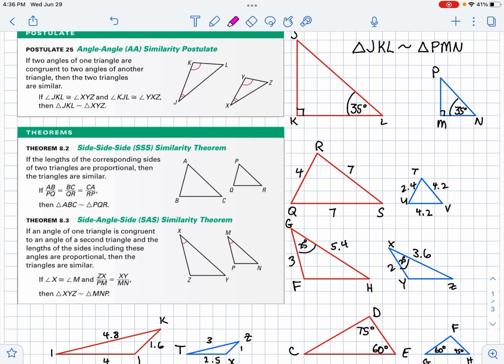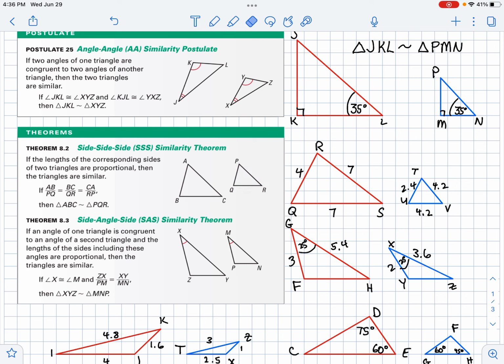If the lengths of the corresponding sides of the 2 triangles are proportional, then the triangles are similar. So in other words, notice this side AB over PQ is the same as BC over QR, which is the same as CA over RP. That is the side similarity.